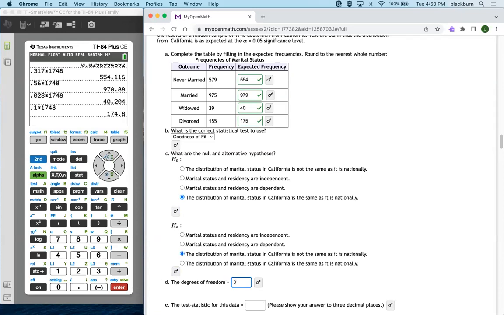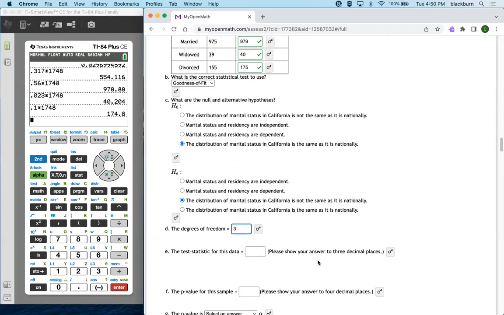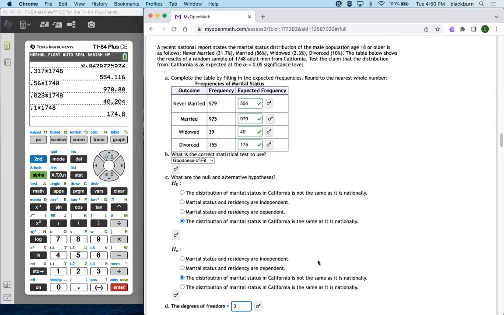Now we're going to go to the test statistic. This time we're going to use the other method. We're going to use the chi-squared GOF test. To do that, I have to put my two columns into the table, and you all know how to enter these columns into a table.